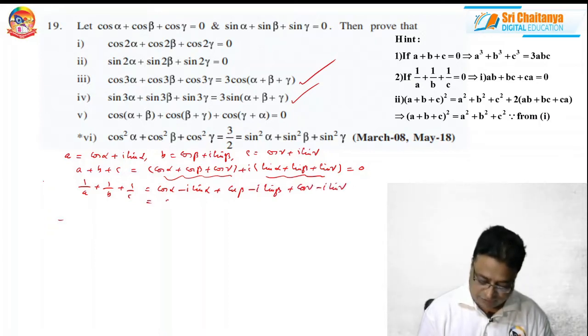This is also equal to cos alpha plus cos beta plus cos gamma minus i into sin alpha plus sin beta plus sin gamma.